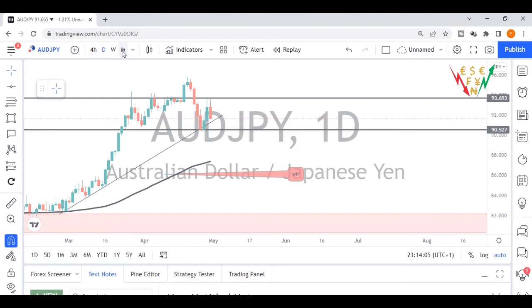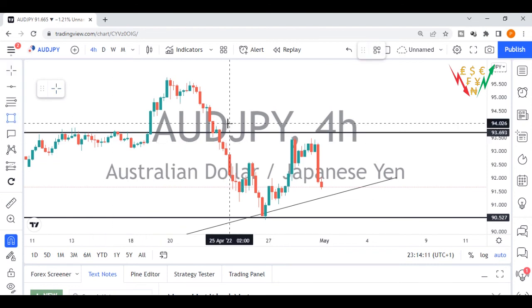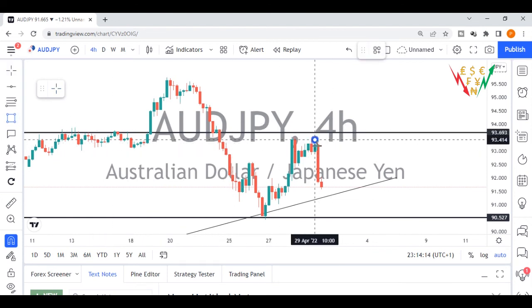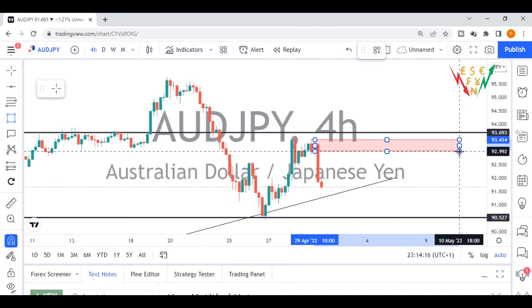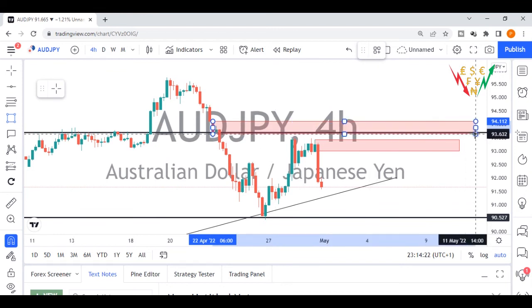Before then, when we go to the 4-hour chart, we have this kind of zone and somewhere to watch, which is right here. We have an area right here, which could be a possible entry, and we also have an area right here, which could be a possible entry.